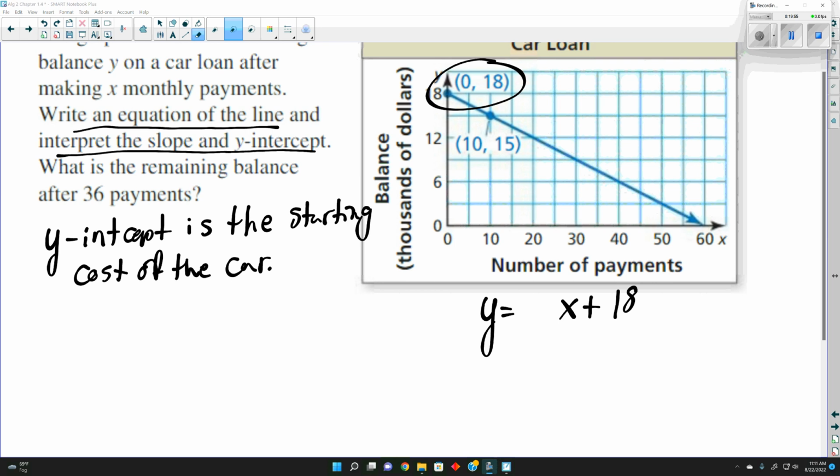Now, the first part we're going to address for this question is the y-intercept, because the y-intercept is telling us the starting cost of the car. Because the y-intercept is telling us at 0 months payment, the 0 payments, the car is worth $18,000. So it's the initial cost. Now the slope is going to tell us how much you're paying off per payment or per certain number of payments.